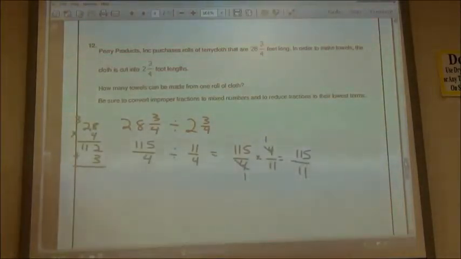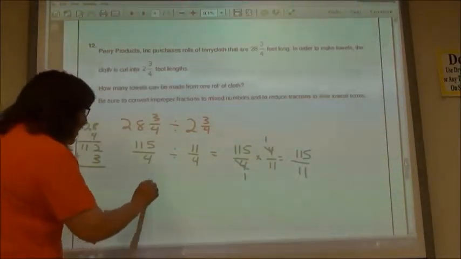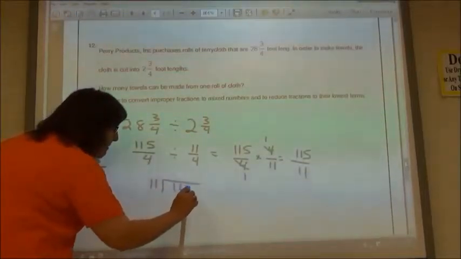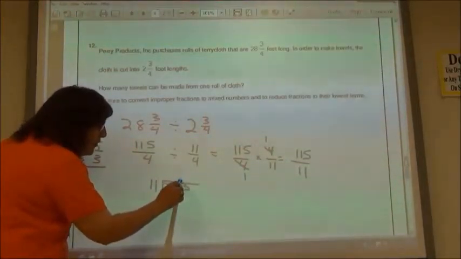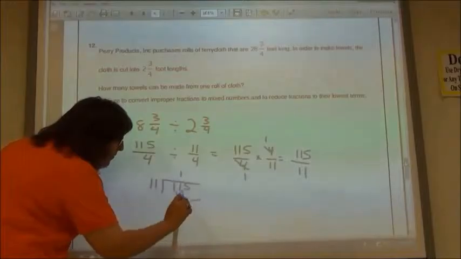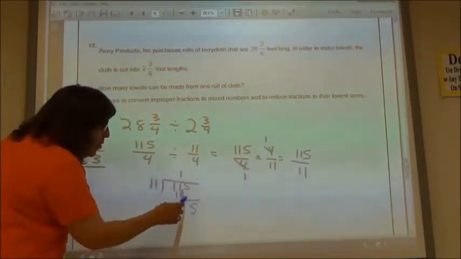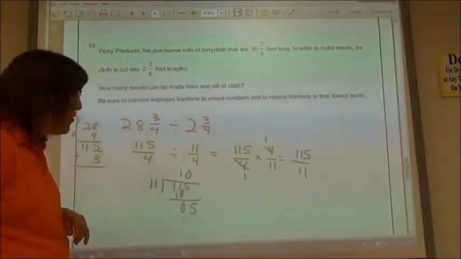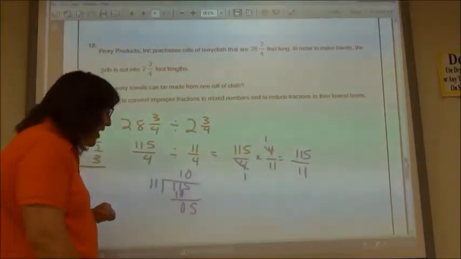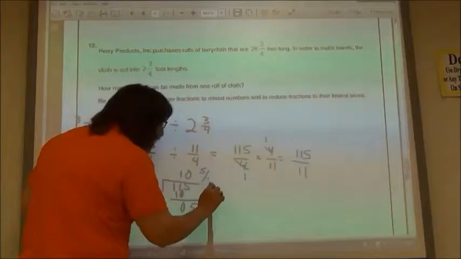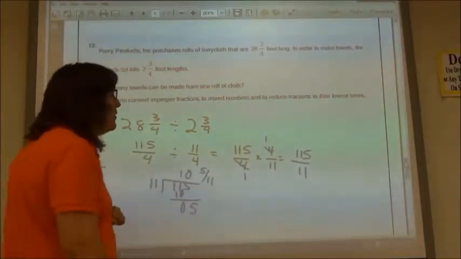I end up having to divide to make my mixed number. 11 into 115. 11 goes into 11 once. 11. I get a remainder of 0. 11 does not go into 5. Don't forget to put that 0 in there. Goes in there 10 times, and I have 5 11ths left over.